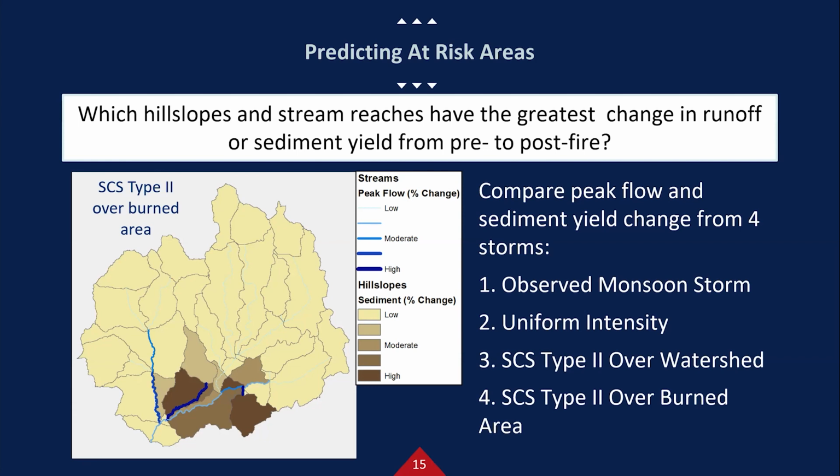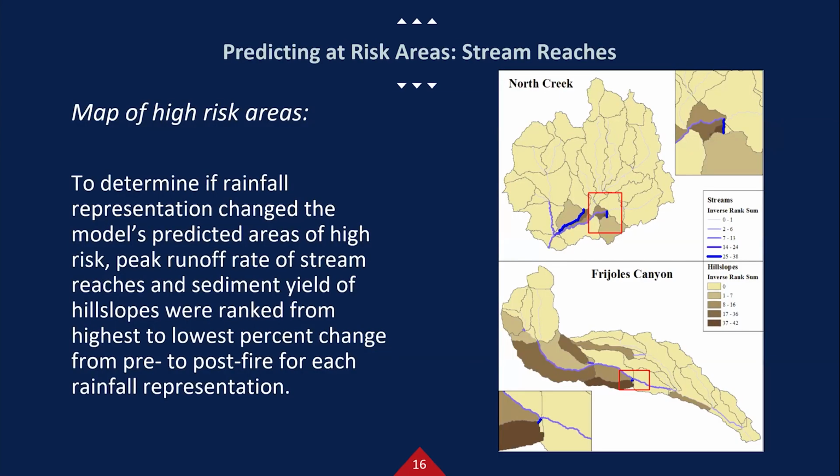But again, we're going to put the rainfall on under these same 4 cases that we've been talking about on this event. So here's our map of high risk areas, both for the North Creek and Frijoles Canyon.